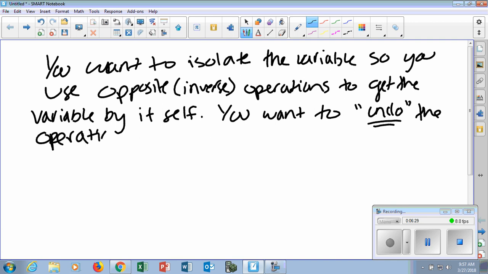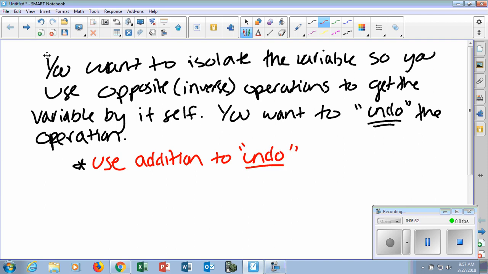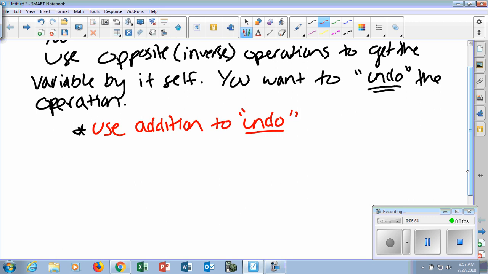This is basically, again, talking about how you would solve those one steps, what you're really doing in it. So what it means by undo is that if you use addition to undo that type of equation, you subtract.